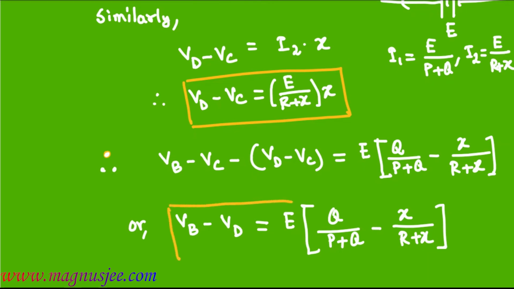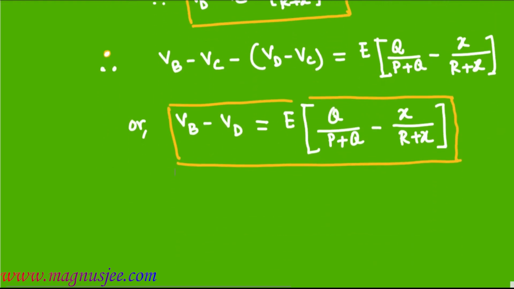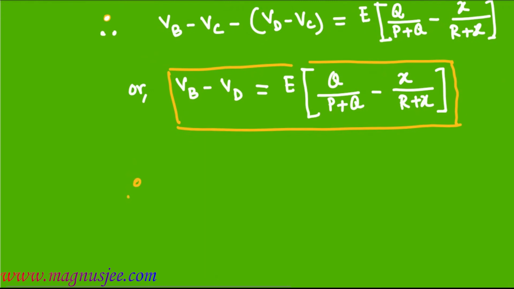So this is the potential difference between the two terminals of the galvanometer G. That is the potential difference between the two points B and D of the Wheatstone bridge.